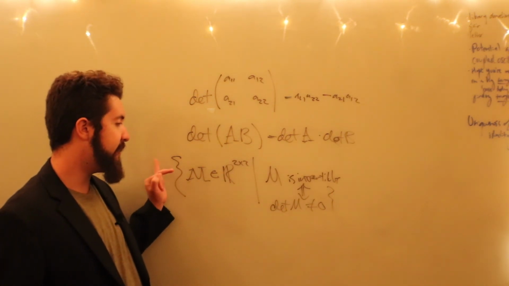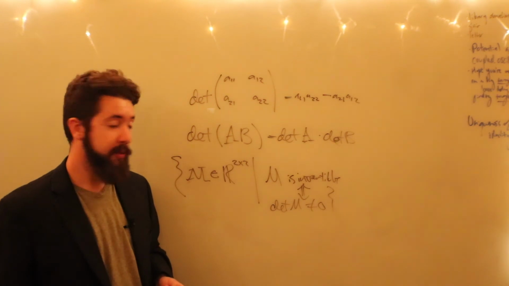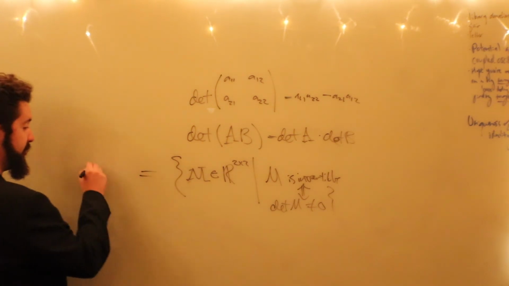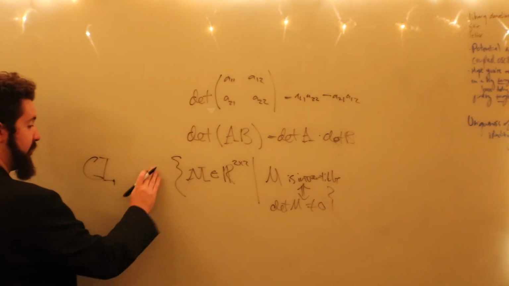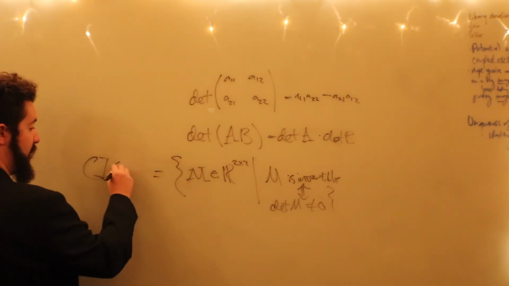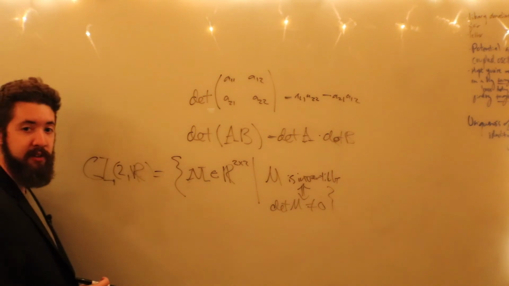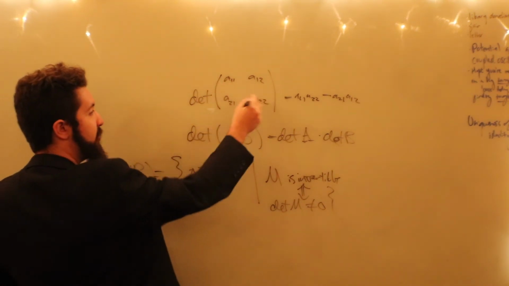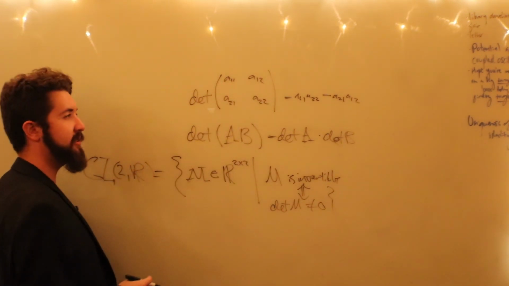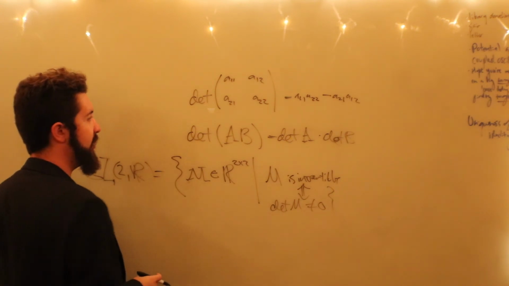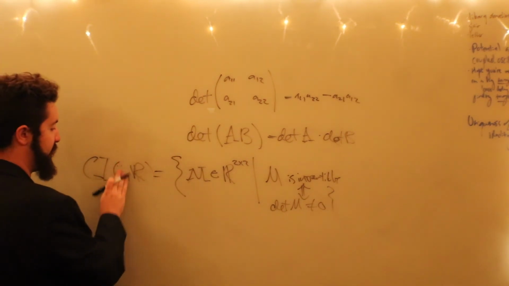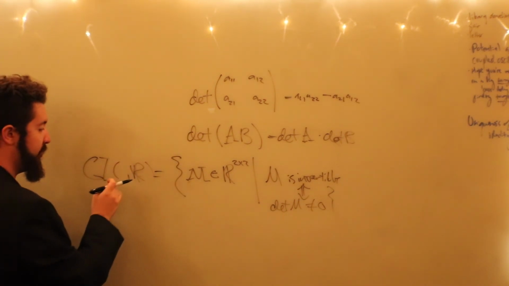And this is a very, very special group, and it's called the general linear group, in this case GL of 2 R. 2 is the dimension, so if we have a 2 by 2 matrix, right, these are square matrices we're interested in, we could have an n by n matrix, and it's going to be sort of the same story.